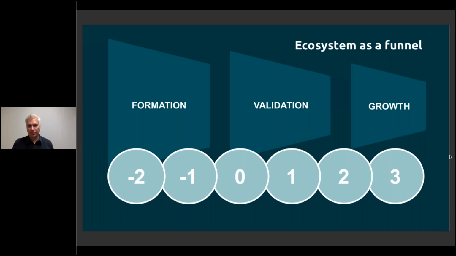So the analogy is from the factory product line, but when we convert that into a more open concept, we have the ability to look through the lens of a funnel.